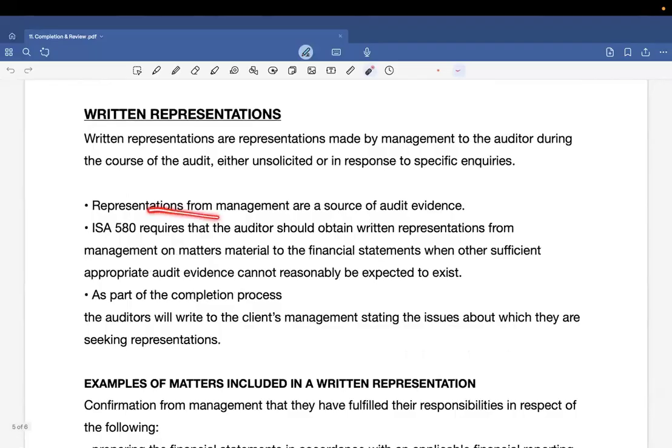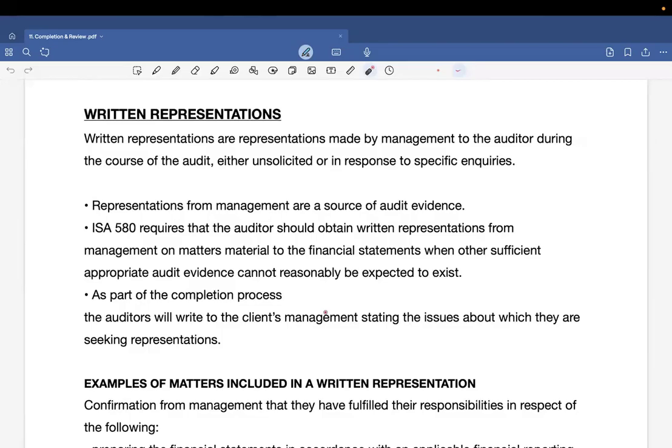Representations from management is a major source of audit evidence. It is actually telling the management to admit whatever they have given to the auditor. Clear? The standard requires the auditor to obtain the written representation from management on all the material matters in the FS. And this is going to ensure that sufficient appropriate audit evidence has been obtained.